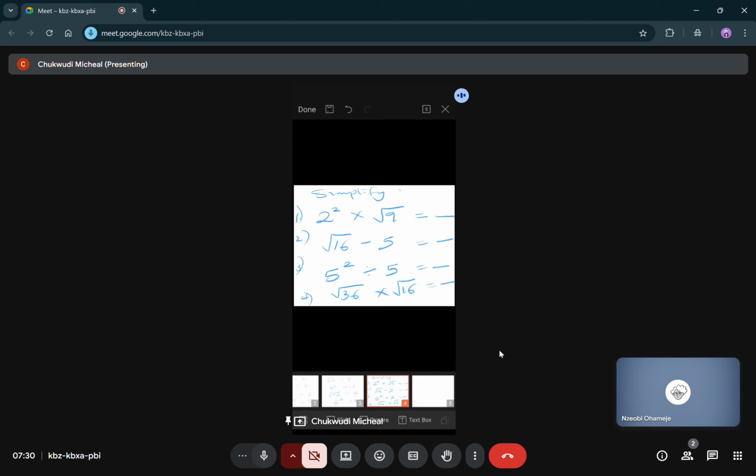From the first one, what's the answer? Sorry, I think I understand the definition of both of them, but I'm still struggling to understand how you solve it. What is 2 raised to power 2? That's 4.